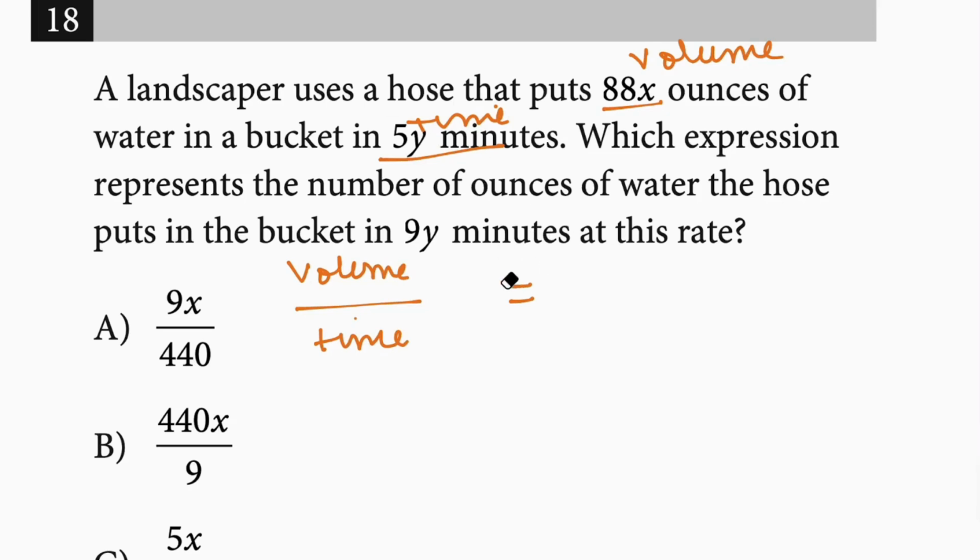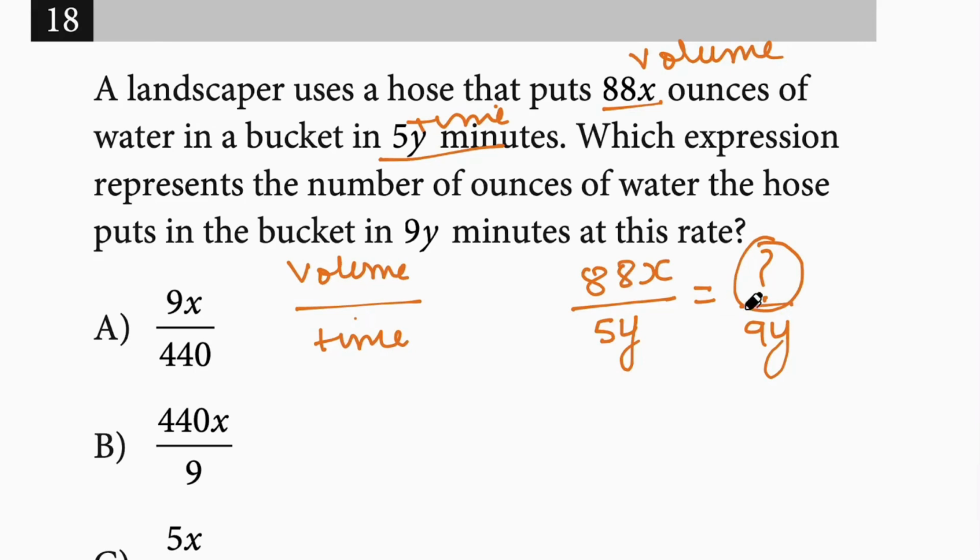Now let's start the question. 88x ounces of water in 5y minutes. Which expression represents the number of ounces of water the hose puts in the bucket in 9y minutes? That means you have to calculate this by the ratio method. So this one is missing, right?